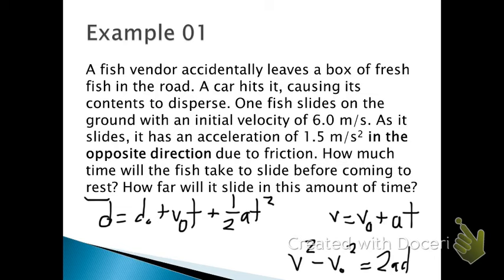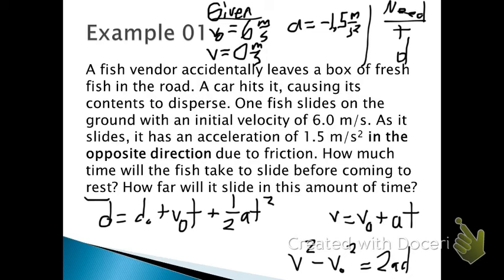Well, to do that, let's look at a quick list of what we're given versus a list of what we need to know. So I'm given my initial velocity is 6 meters per second, my final velocity is 0, my acceleration is negative 1.5. Now I came up with that by again deciding on which direction is positive and which direction is negative, like I should do at the start of every vector problem.